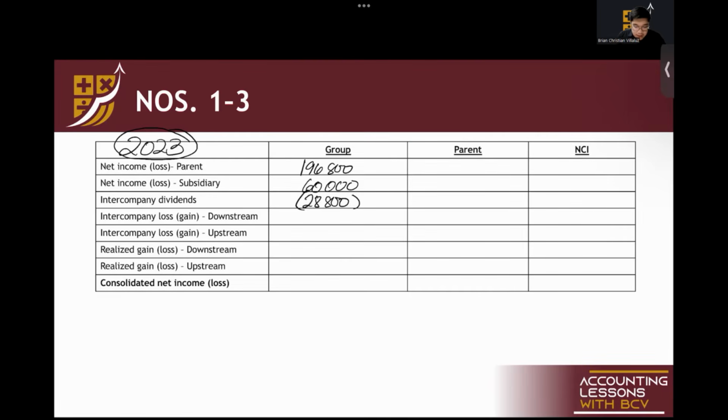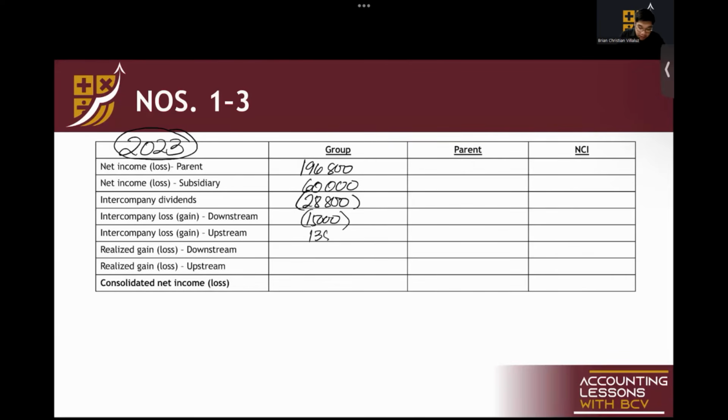Okay? Then, for the last four components, kindly refer to our analysis of intercompany sales. Pakihanap mo na yung pang downstream. Meron tayong intercompany gain. Therefore, we need to deduct that intercompany gain from here. Then, pang upstream, meron naman tayong intercompany loss.